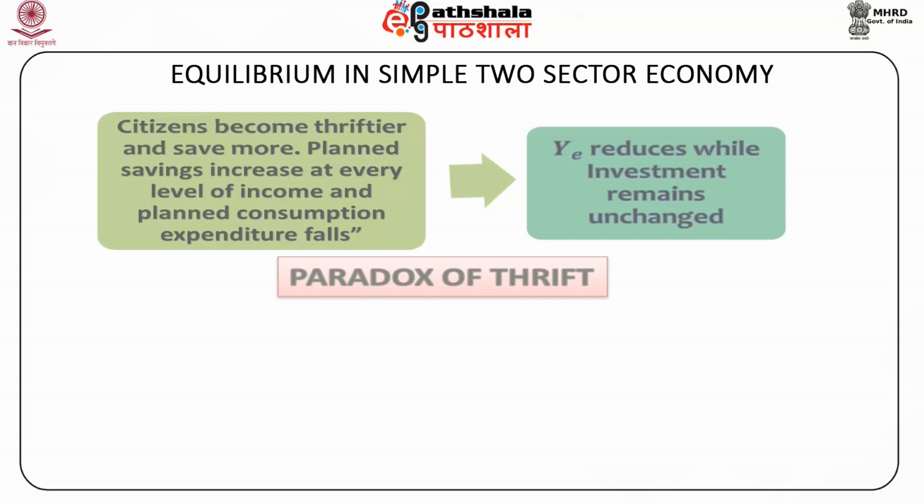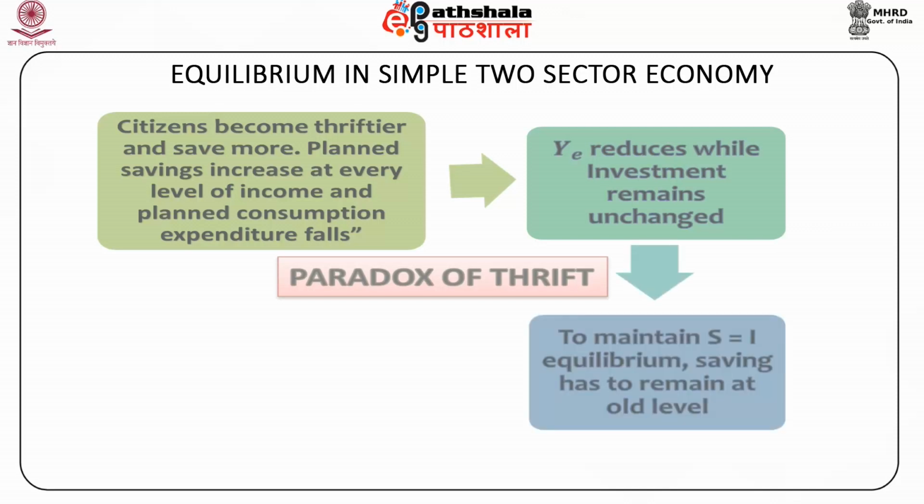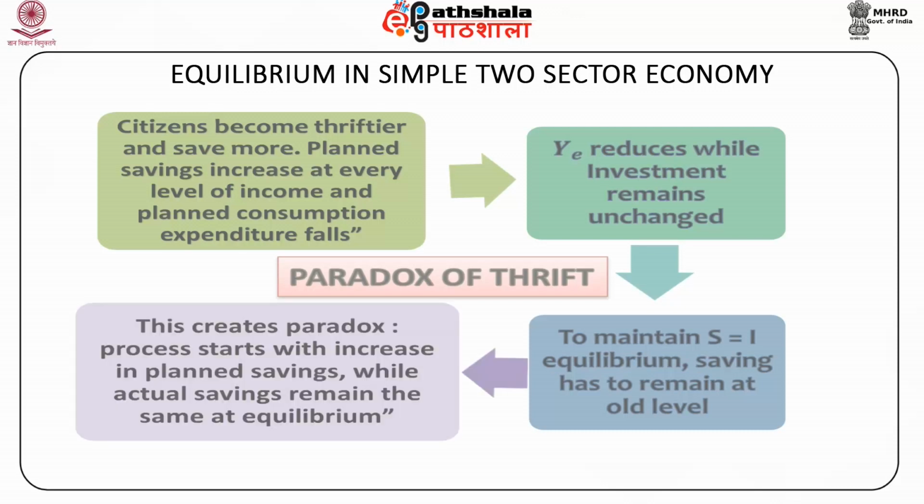Since we must have S is equal to I in equilibrium and I has not changed, saving will remain at the old level despite the rise in the propensity to save. This is the paradox. What is happening is that the attempt to save more is depressing output by lowering consumption demand. Ultimately, due to this fall in Y, saving continues to be equal to the unchanged level of investment.